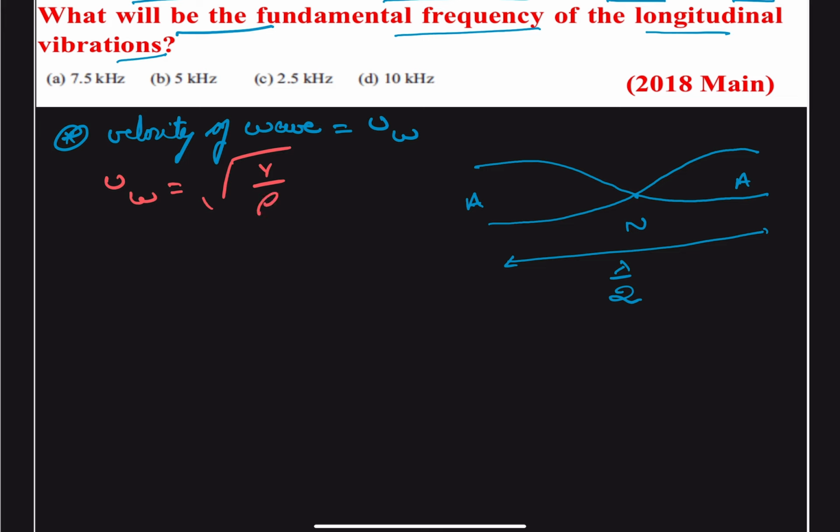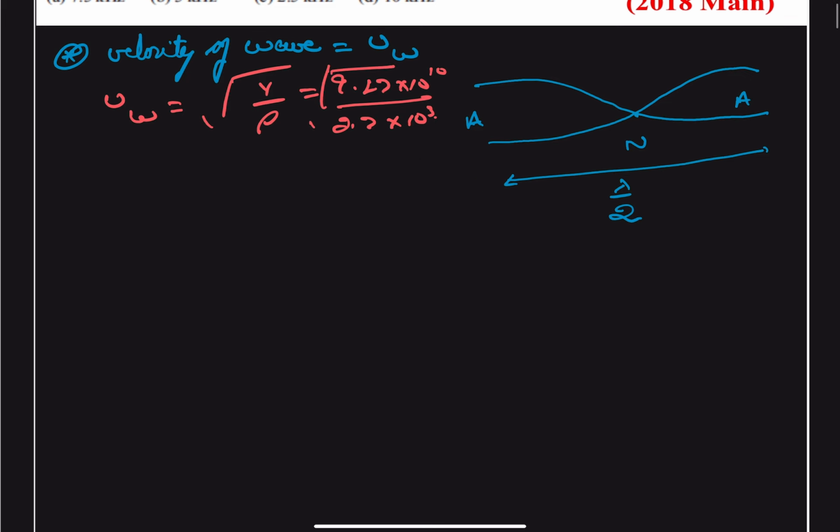Young's modulus is given, that is 9.27 into 10 to the power 10, and density is 2.7 into 10 to the power 3, and its square root. So this is going to give us a wave velocity, that is VW, approximately equal to 5.85 into 10 to the power 3.